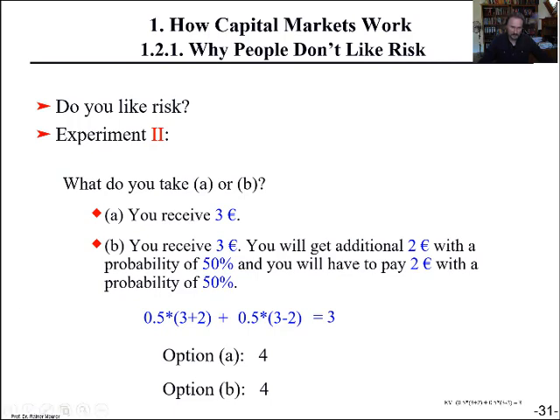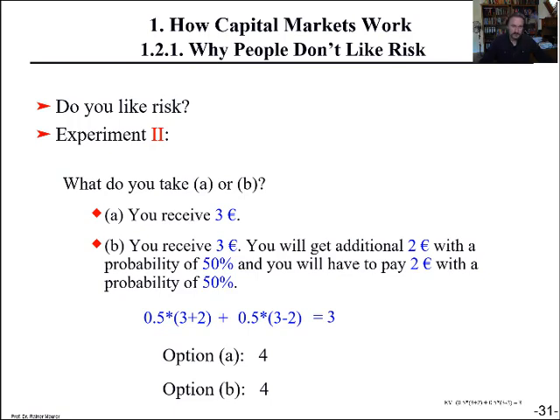Hence, on average, you will make no loss if you select option B compared to option A. However, if the unfortunate variant of option B realizes, you will receive less than the certain payment of option A. And when the lucky variant of option B realizes, you will receive more than the certain payment of option A. Consequently, it is again not possible to say what decision is right or wrong.